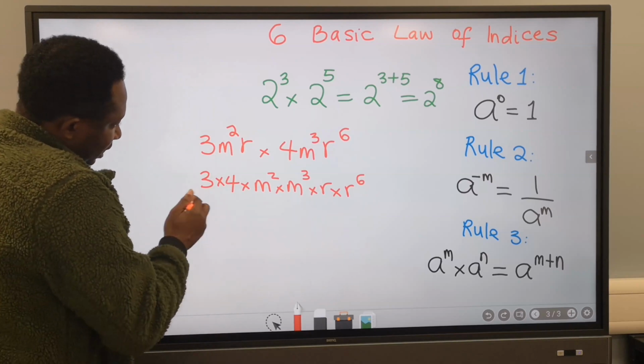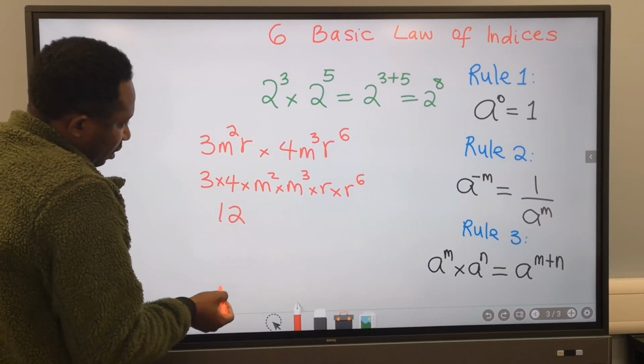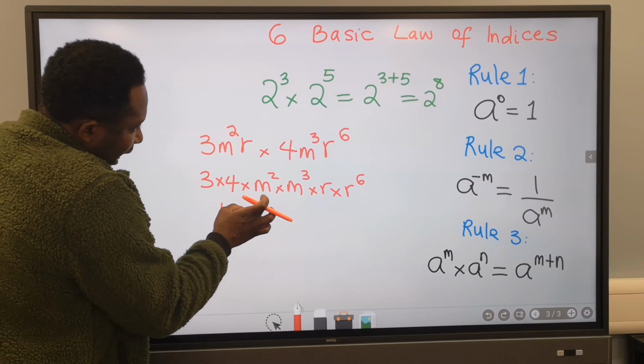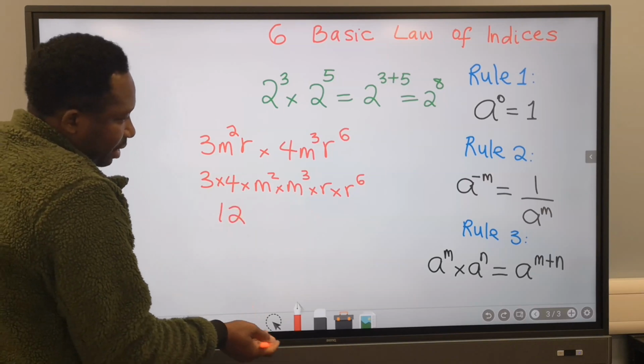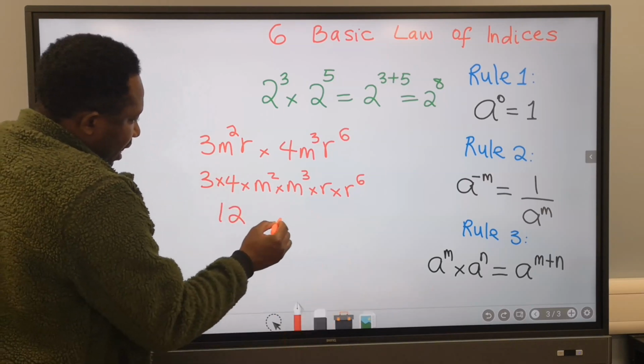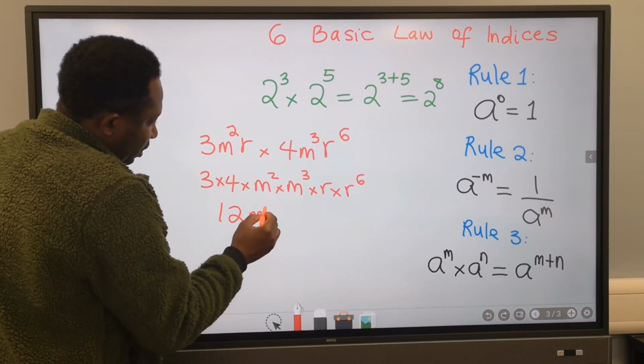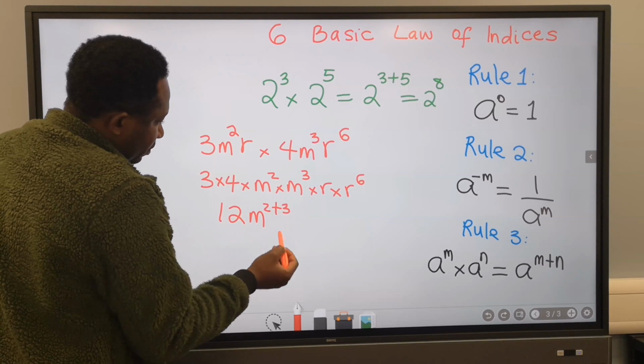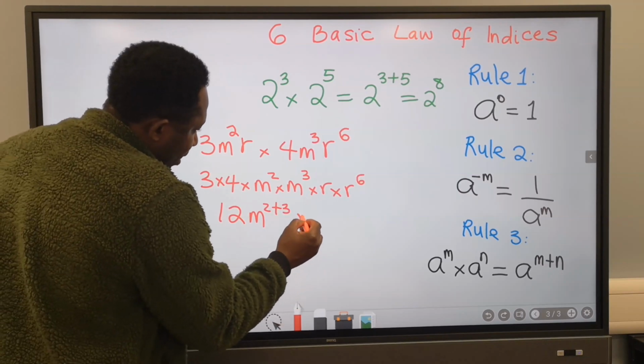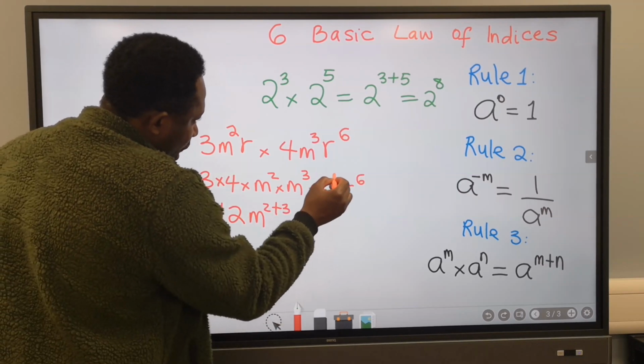This will become 12. This m and this m are the same according to this law. Hence, I will have m to the power of 2 plus 3. Next, r here is 1.